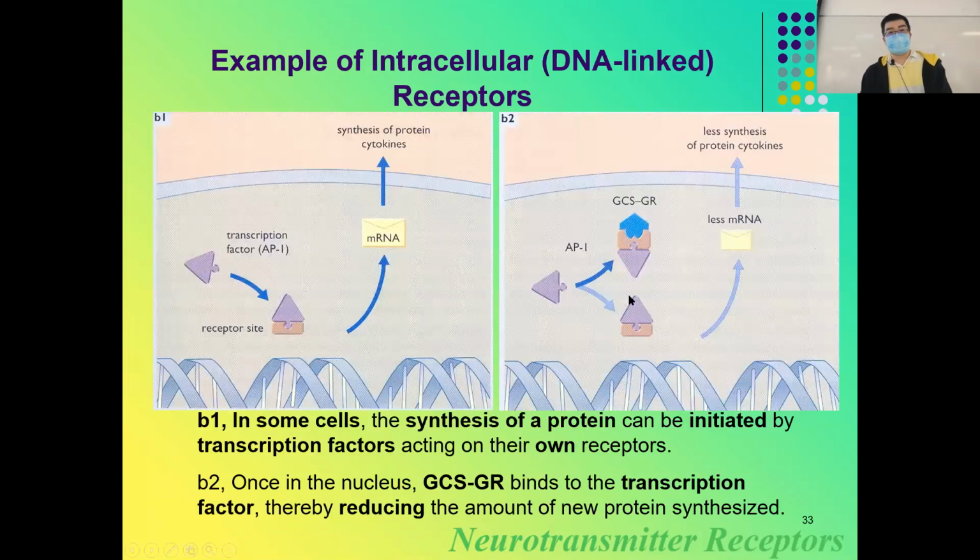From some of these examples, in some cells the initiation of protein synthesis can be triggered by transcription factors. However, if the glucocorticoid receptor is activated and binds to the transcriptional effectors, that can induce less protein transcription, in this case related to the immune cell.